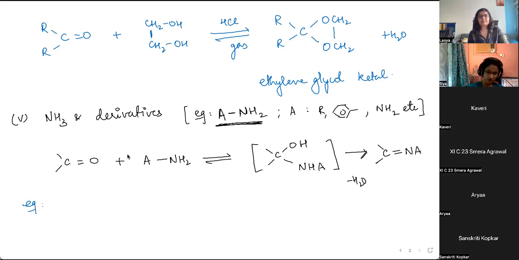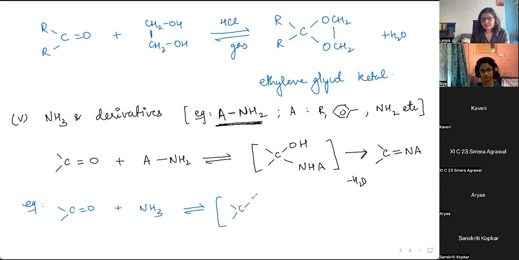Let's do it with an example. For example, if we take ammonia, C double bond O plus NH3. So the intermediate's going to look like this. NH3 makes one hydrogen bonded to oxygen, so this becomes OH, and the rest of it remains the same, gets bonded at nitrogen, so this becomes NH2.